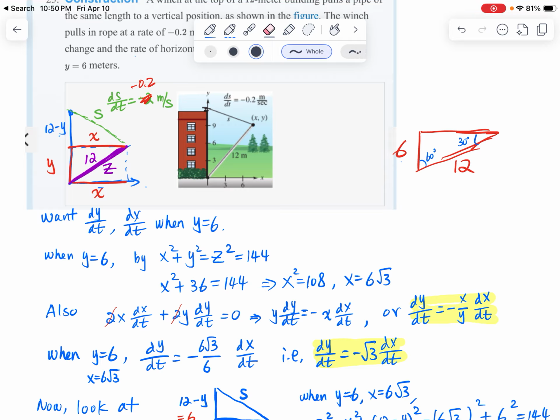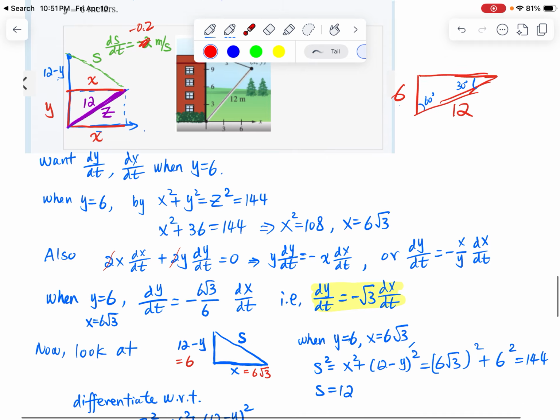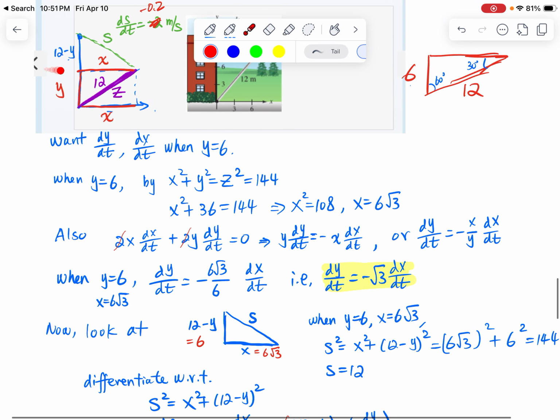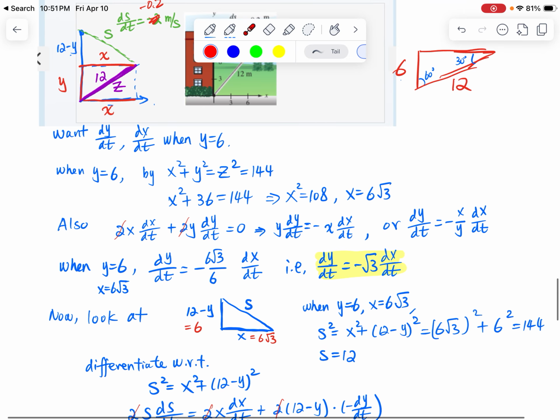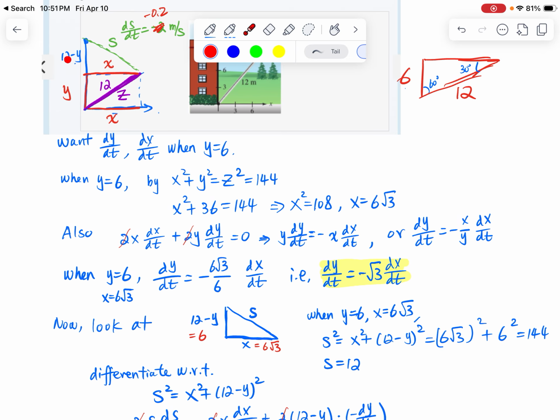Okay. Now, time for us to look at the upper triangle, because we are given the dx/dt, we have not used that condition yet. We will need to use that. So now this is the upper triangle. I just redraw the upper triangle here, okay? And in the upper triangle, this side is 12 minus y, this side is x.